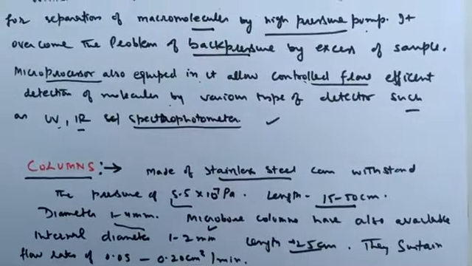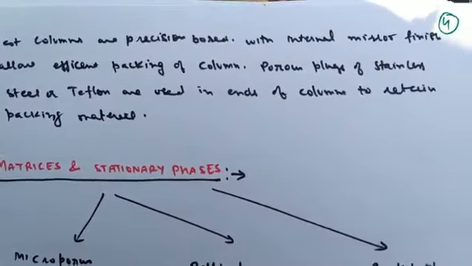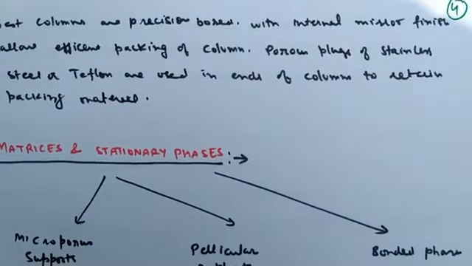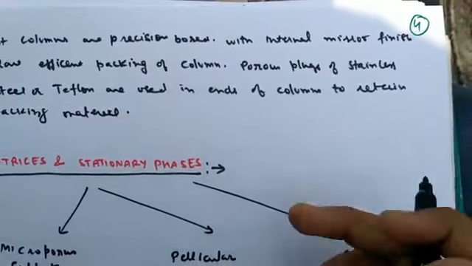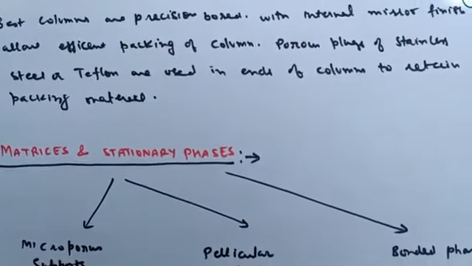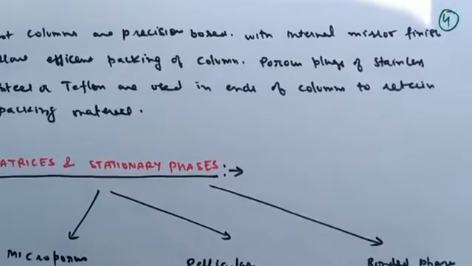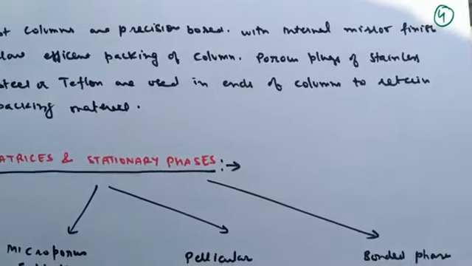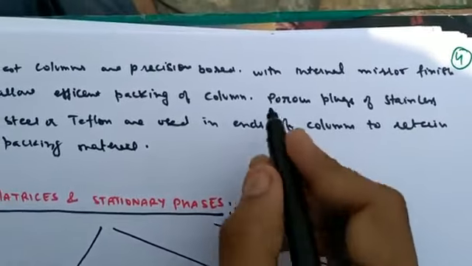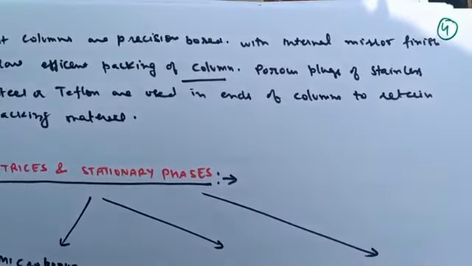This is about the principle and the column packing of chromatography. The columns are precision bore, so precision accuracy is applied to the bore formation. The internal mirror finish allows efficient packing, in a homogeneous way.